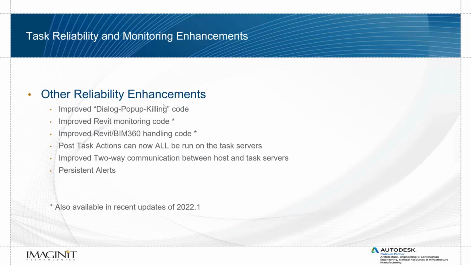So I'd also like to talk about some other reliability-oriented enhancements that we've done. We have made some enhancements in our dialog pop-up killing code, which is another thing that can get in the way of getting tasks done in the middle of the night, is the pop-ups. So that's been enhanced. We've improved our Revit monitoring code.